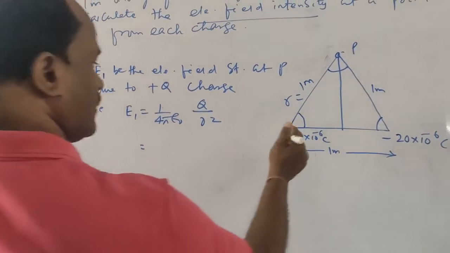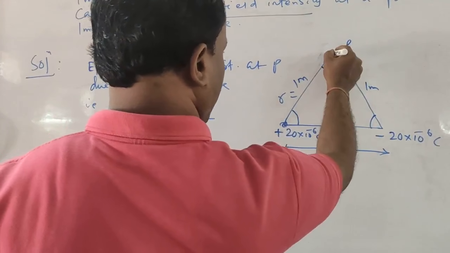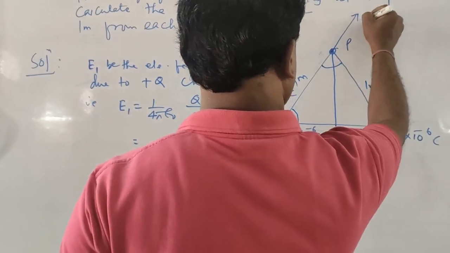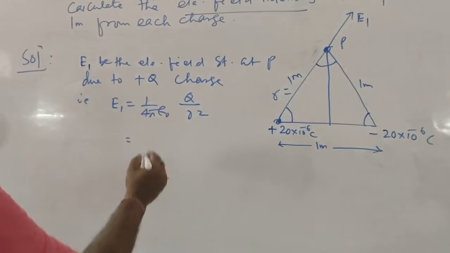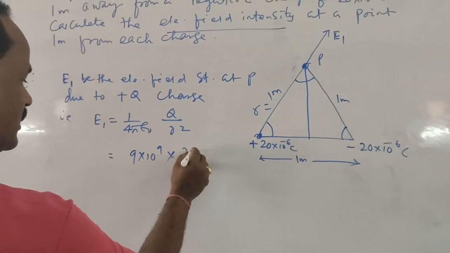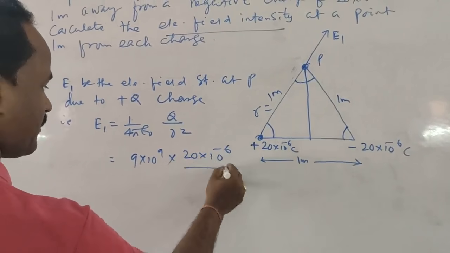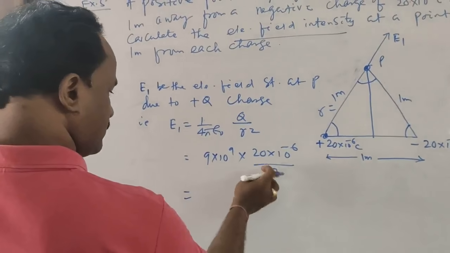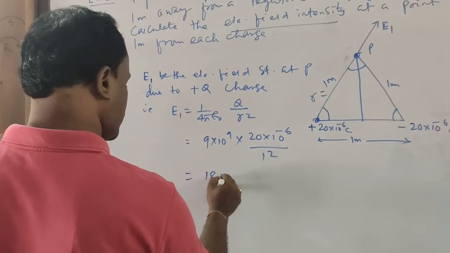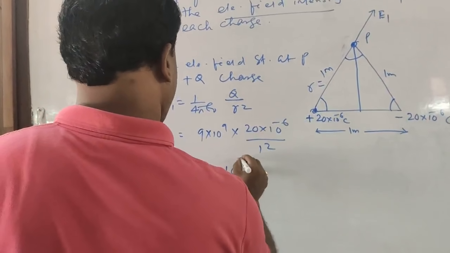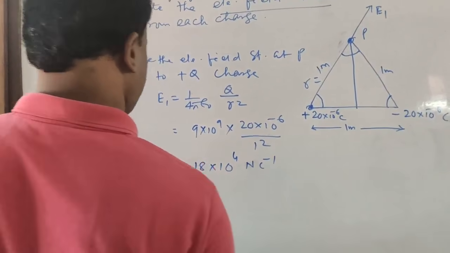Means here, considering a unit positive charge at the point, plus repels it away. Let's say it is E1 equal to 9 × 10⁹ multiplied by q, where q is 20 × 10⁻⁶, divided by r square, means 1 square. It is very simple: 18 × 10⁴ Newton per coulomb.